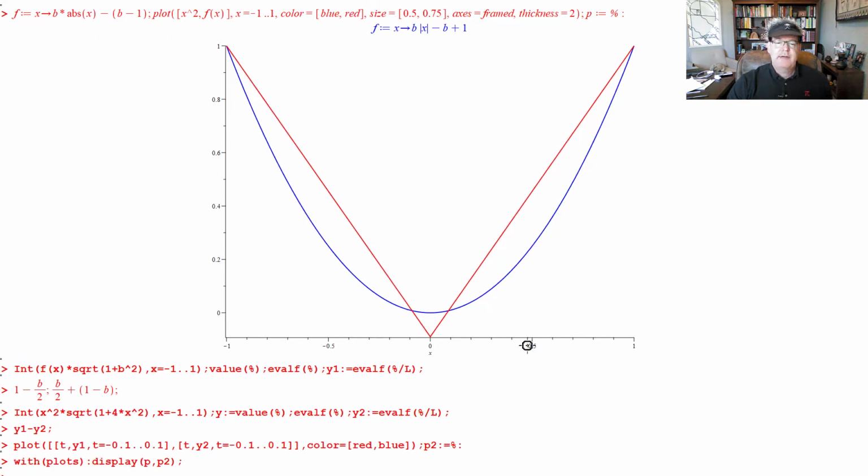And now let's find its center of mass. So to do that, I integrate the function times the square root of 1 plus y prime squared. Well, the slope is b over 1, negative on this side and positive on this side, but either way b squared will be the slope squared, y prime squared.